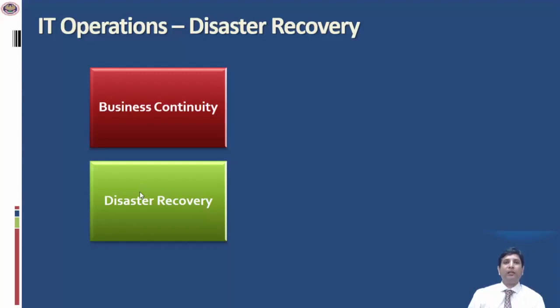That recovery from a disaster and getting back to normalcy is the process of planning a disaster recovery. It is also called a disaster recovery plan. So it is an action which will be taken subsequent to the business continuity plan.